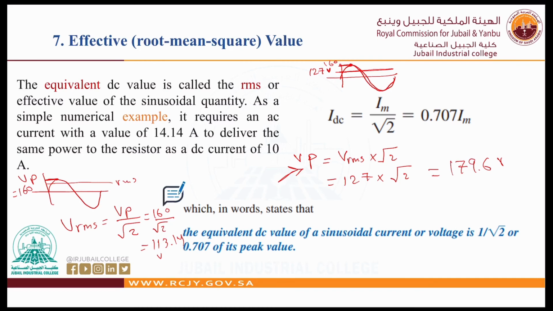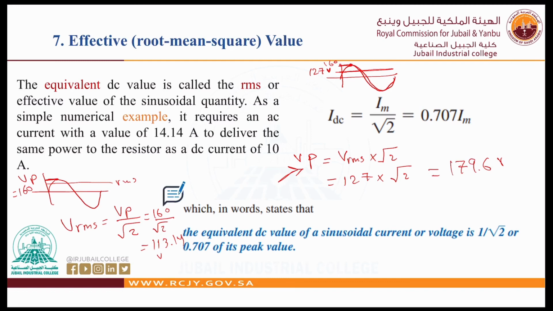So the equivalent DC value is called the RMS, or effective value, of the sinusoidal quantity. As a simple numerical example, it requires an AC current with a value of 14.14 ampere to deliver the same power to a resistor as a DC current of 10 ampere.